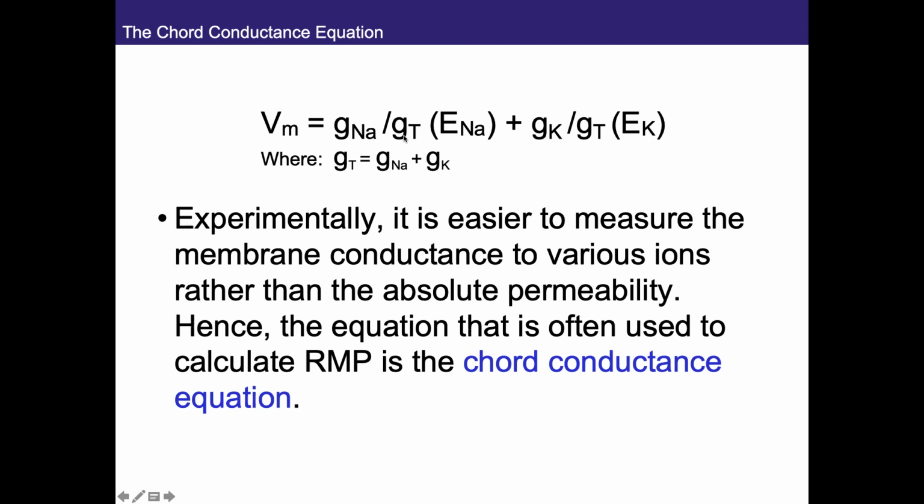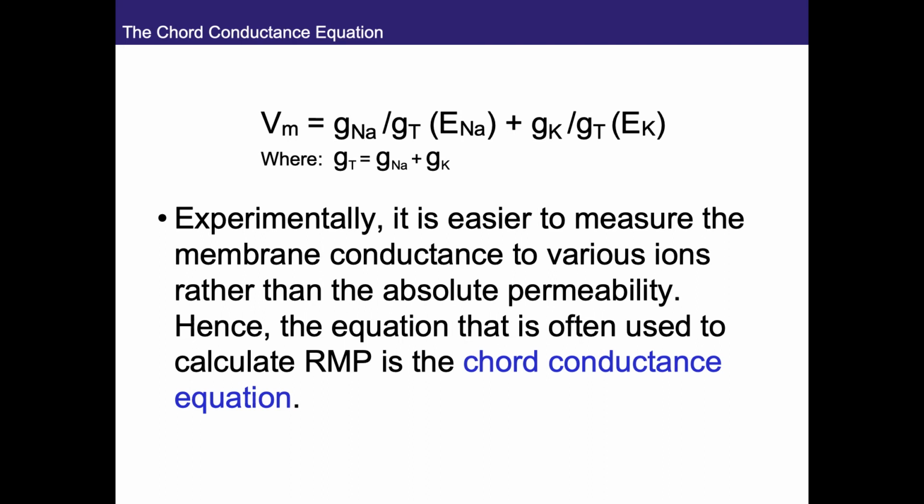Multiply that by the equilibrium potential for sodium, plus the conductance for potassium over the total conductance. This is 90%, so this would be 0.9, times the equilibrium potential for potassium. I'll write this equation and I'll let you solve. Here are our equilibrium potentials.